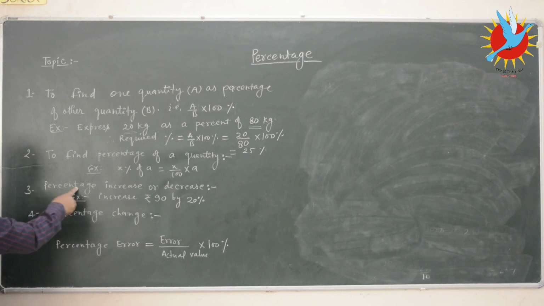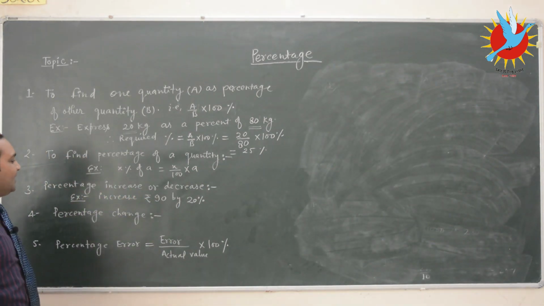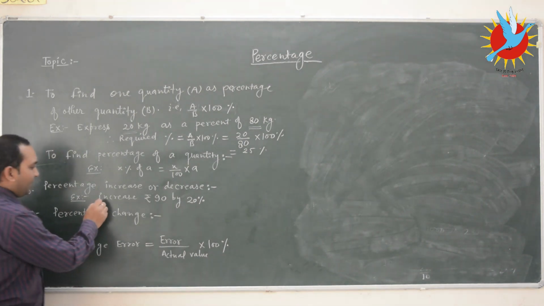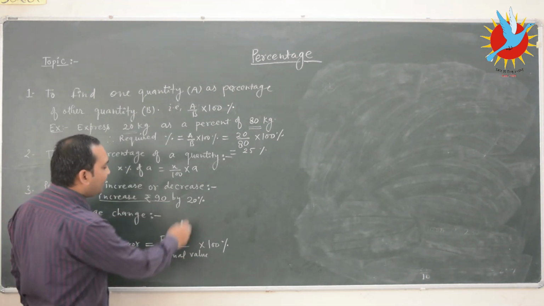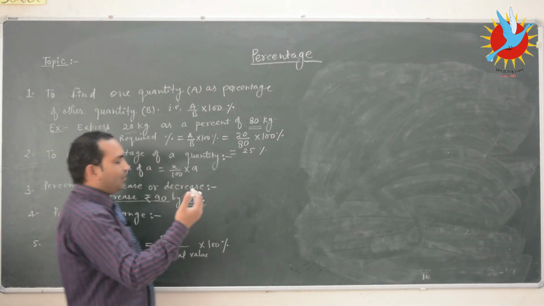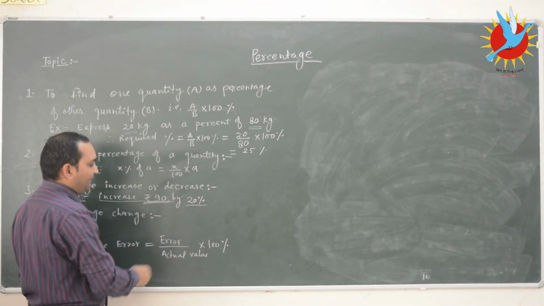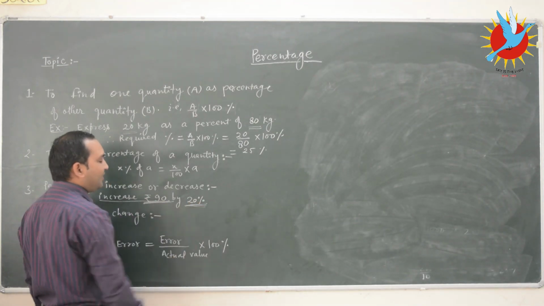Next point, percentage increase or decrease. Increase rupees 90 by 20%. Consider you have 90 rupees and your money increased by 20%.